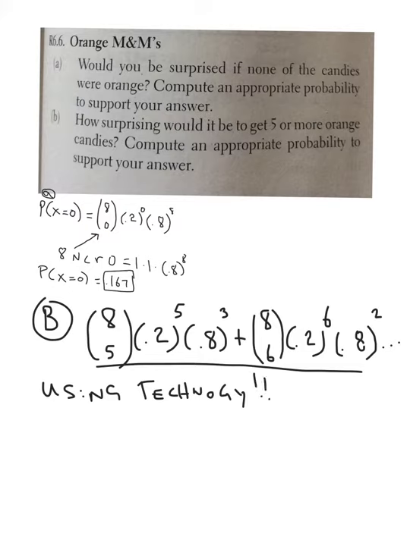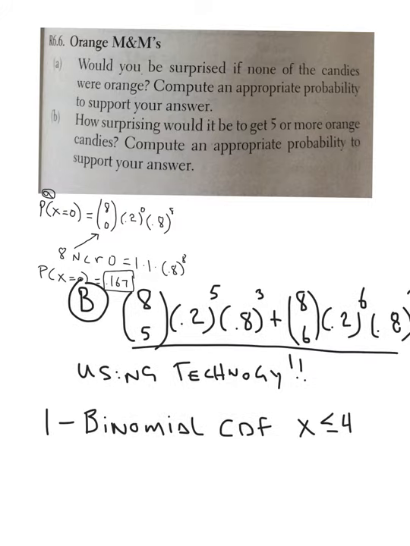So what would you do for that? Well, instead of doing binomial PDF 4 times and adding them all together, I could use binomial CDF like that and say, well, we could just figure out that it's 4 or less all in one thing and then subtract it from 1.